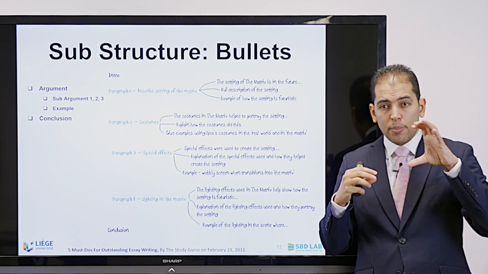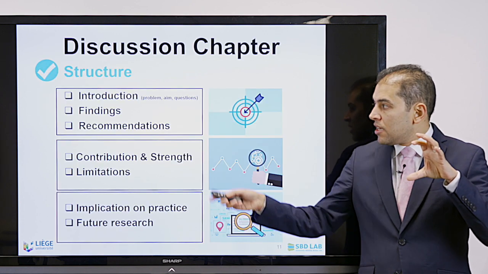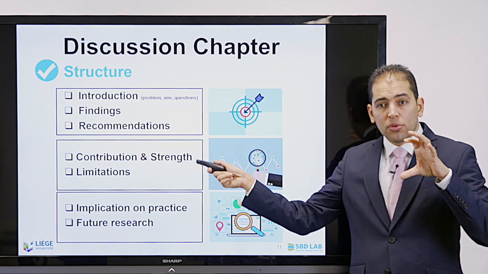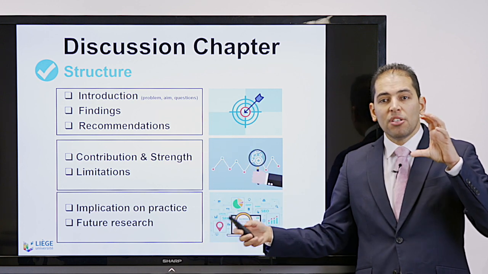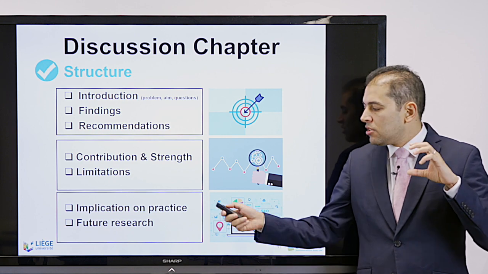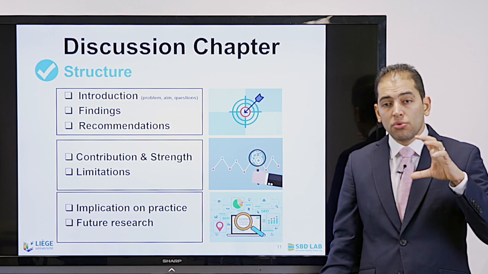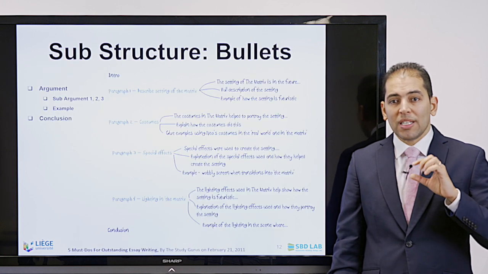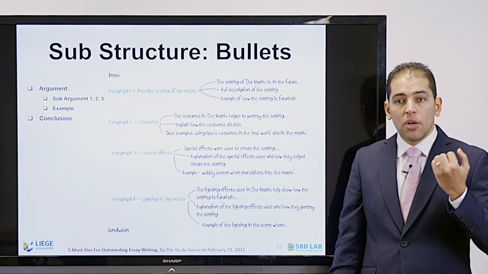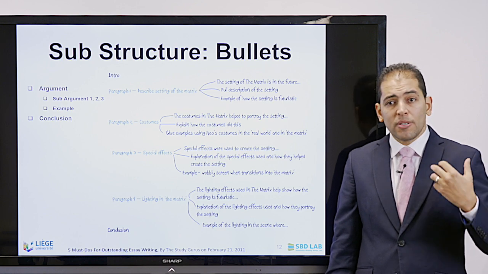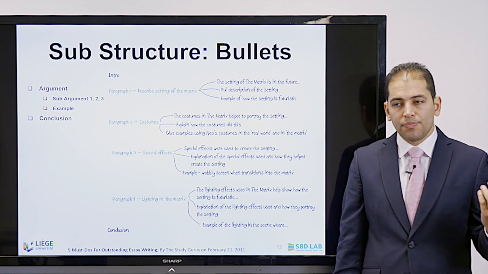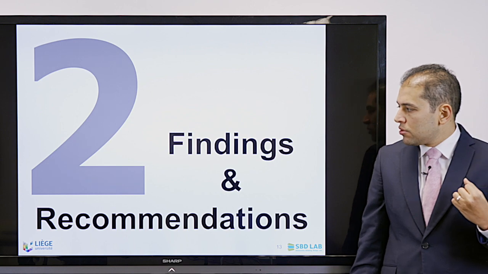So for every paragraph that addresses one of those items of findings, recommendation, contribution, limitation, implication, future, you need to follow this logic. I need to see at least a paragraph or two for each of those items, structured with this logic of arguments, sub-arguments, examples, and conclusion. So this is important to take into account.